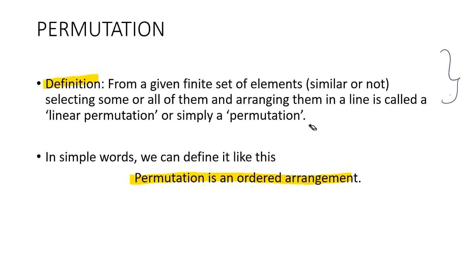If you arrange them in a circle, it's going to be a circular permutation. We'll look into circular permutations later. But first you have to understand the definition of linear permutation. Instead of calling it a linear permutation, we will call it just a permutation. So whenever you see the word permutation, you have to understand it as a linear permutation.